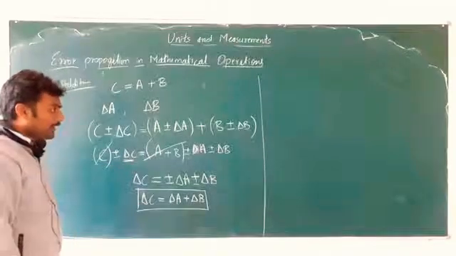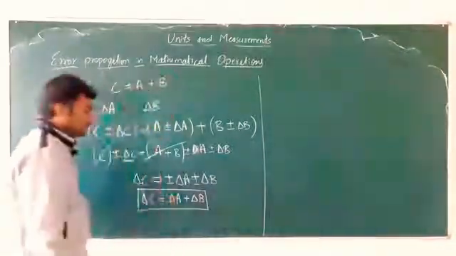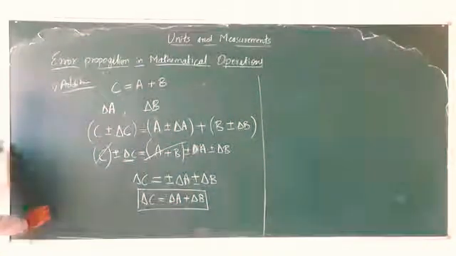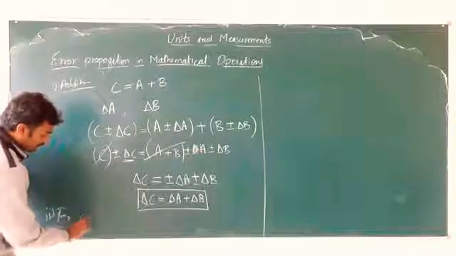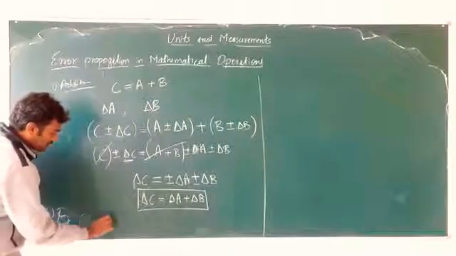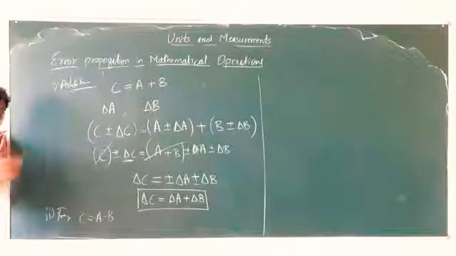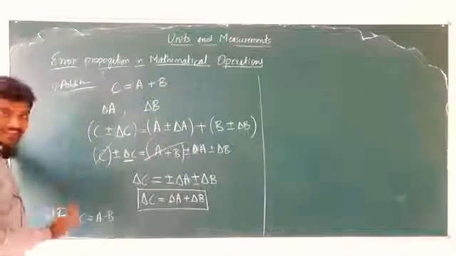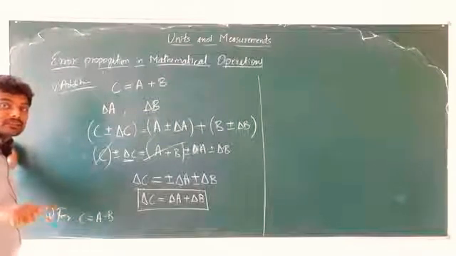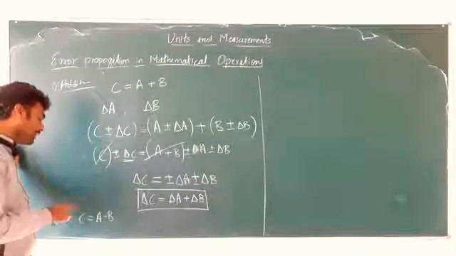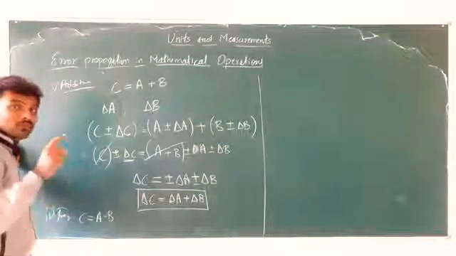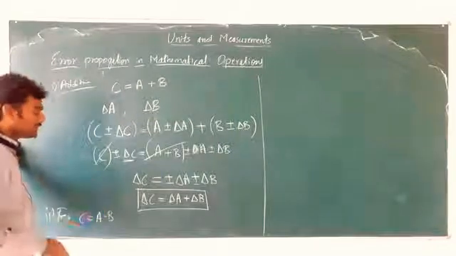Now for subtraction, the same rule follows. Say C is equal to A minus B this time. Even though the quantities are getting subtracted, their errors will always get added. The quantities might be getting subtracted, but the errors will get added with each other.